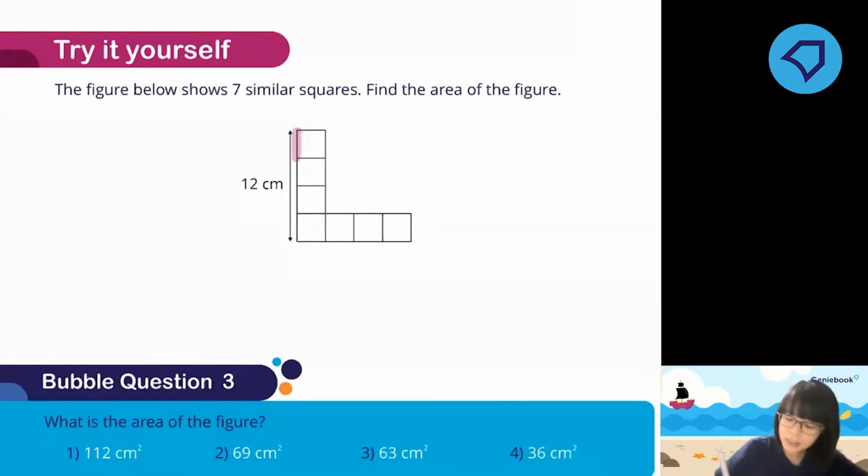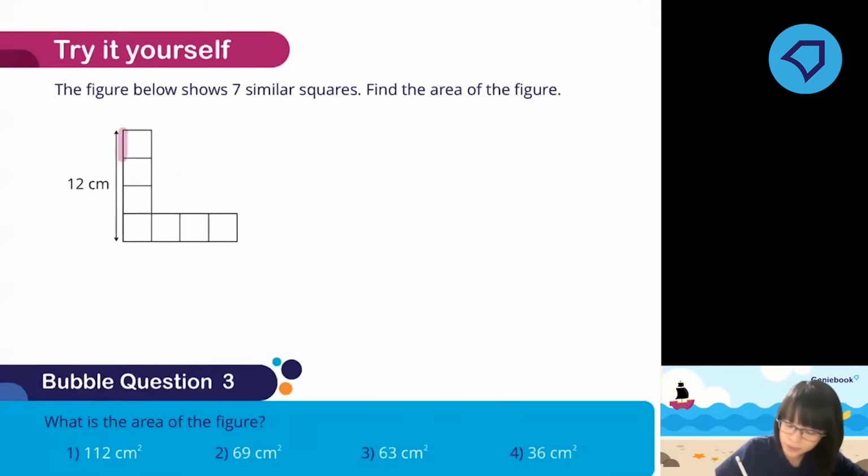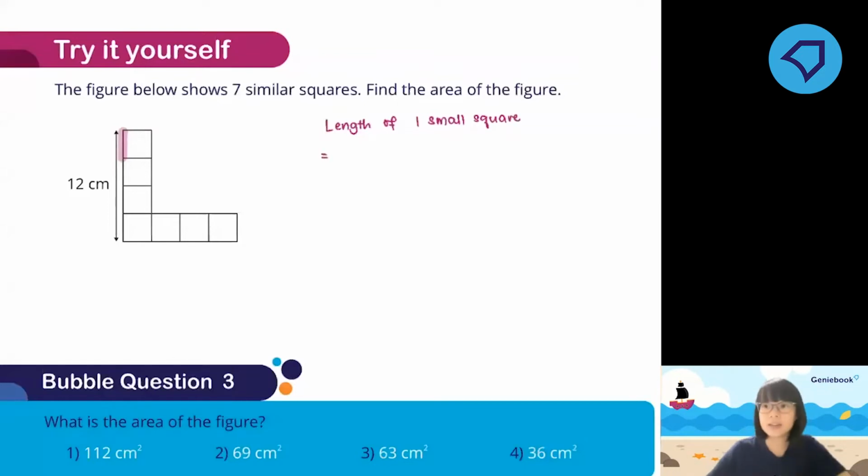Okay, so let me write it down at the side and then I'm going to give you some time to do your calculations. Okay, so find the length of one small square. Then after that you can find the area of one small square.